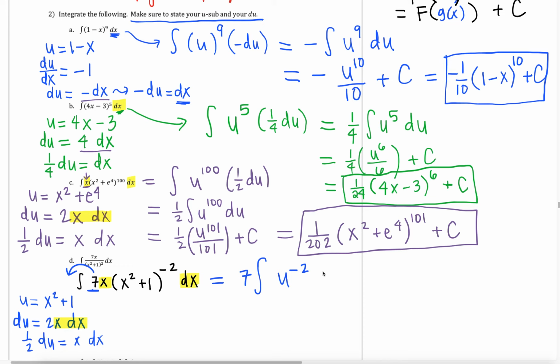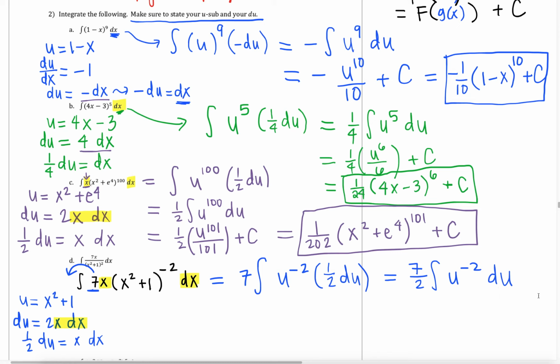From here then, we can replace that to get that 1/2 du instead of the x dx. And just like we've been doing, I'm going to take out that 1/2 as a scalar, so we end up with actually 7/2, the integral of u to the negative 2 du. Now we've reset up our entire integral in terms of u, and we've completed our u substitution.